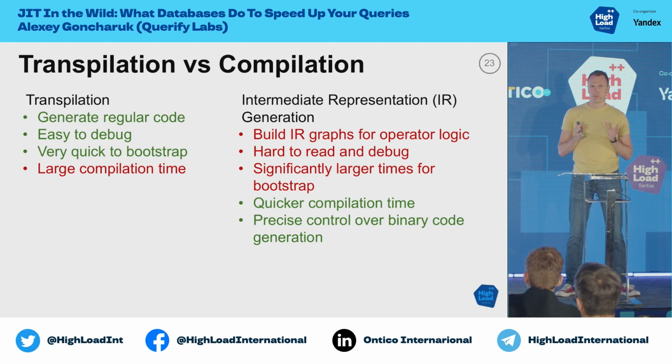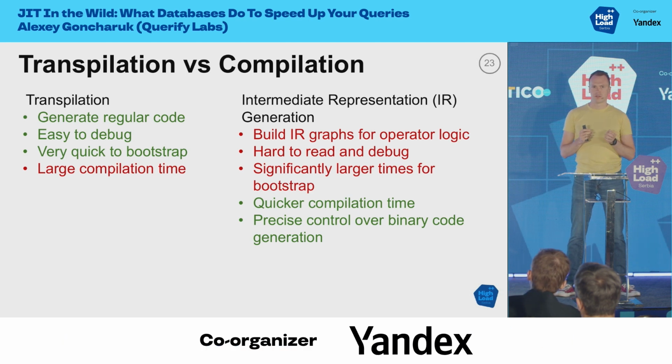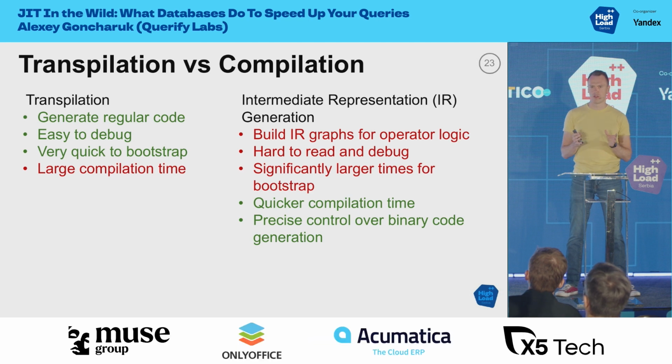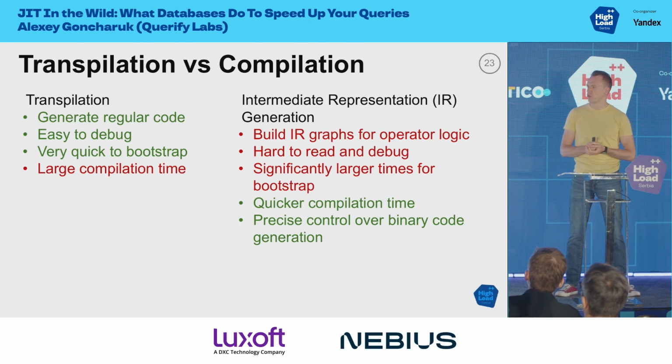In practice, the path from not having a JIT compiler to having something that is working and generating runnable code would probably not exceed 2 weeks using the transpilation approach.